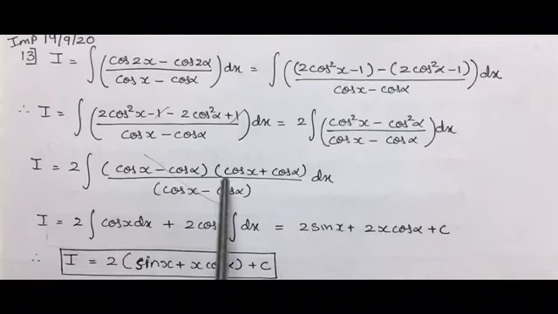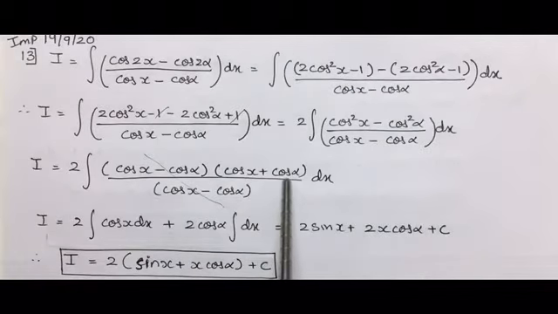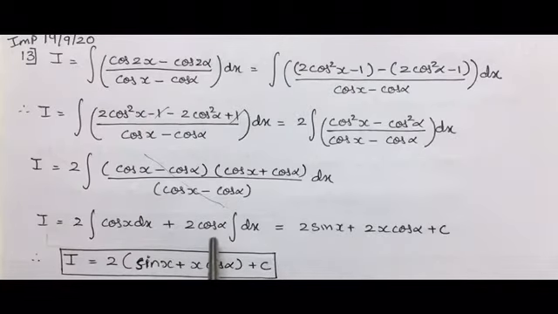Now separately taking integration of both along with 2, we'll have 2 integration cos x dx plus 2 cos alpha. Now why is cos alpha taken out? Because alpha is a constant, so cos alpha becomes constant.